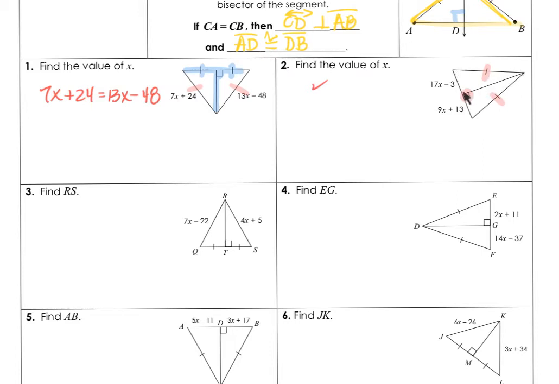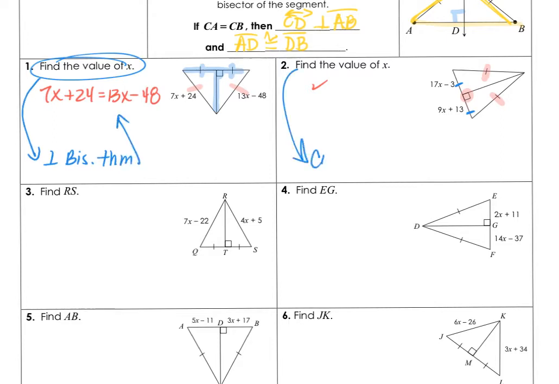Therefore, this must be a perpendicular bisector. So you can conclude that these are congruent. So for number 1, we directly used the perpendicular bisector theorem to set this equation up, but in number 2, we used the converse. The mindset was the converse of the perpendicular bisector theorem.